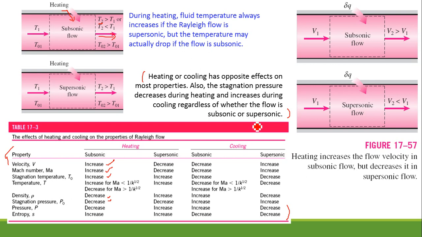That's why in subsonic flow, by adding heat the Mach number increases, and by cooling the system the Mach number decreases. But for supersonic flow, by cooling the Mach number gets increased from unity, that means the choked condition, to the supersonic speed. Okay.